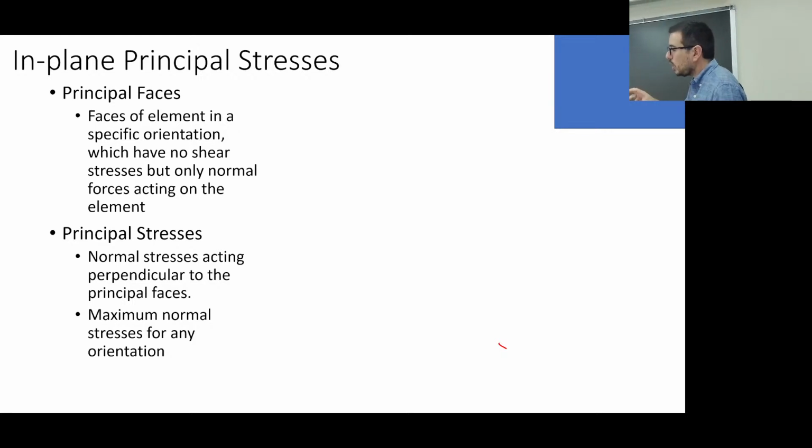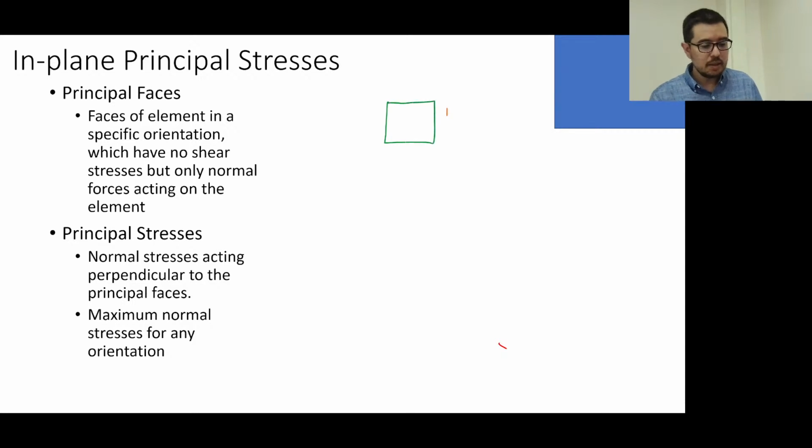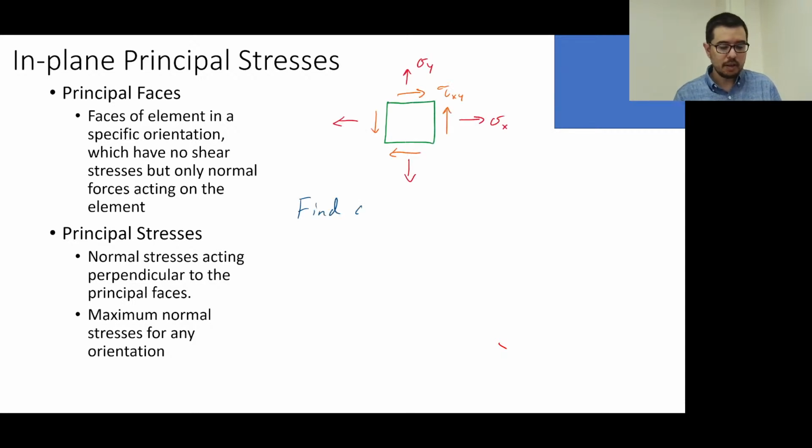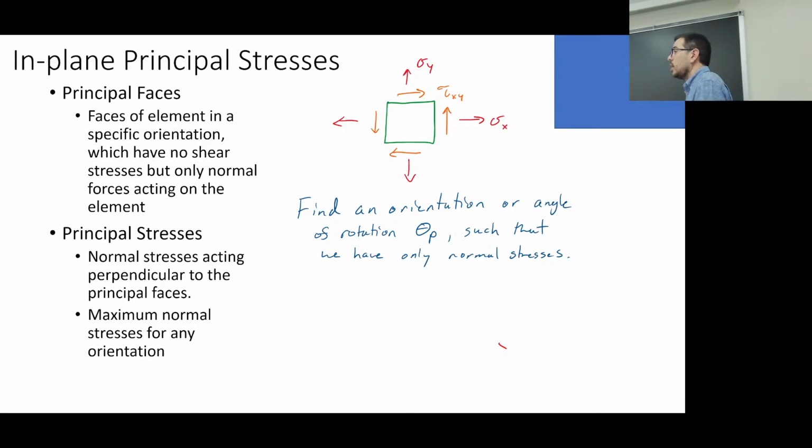So this is rotating so that you get lots of normal stress. And this is in plane, like this. So what we want to do is find an orientation, or an angle of rotation, that gives us this state of principal stresses, where we only have normal stresses, and they are essentially maxing out.